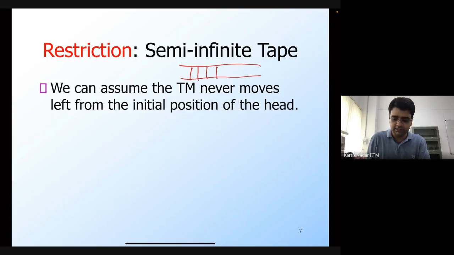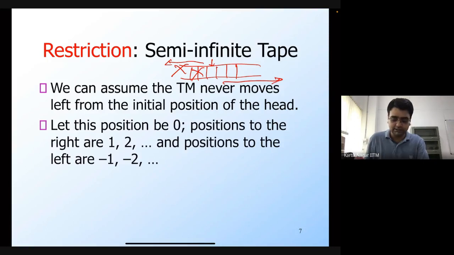Right now, we have a Turing machine which has an infinity of squares in both directions. Initially, the read head points to the leftmost symbol of the input. In a semi-infinite tape, you cannot move to the left of this. So this is not allowed. The tape on the left of the input is not present, so you can only move to the right, but in the right-hand direction, it's infinite.